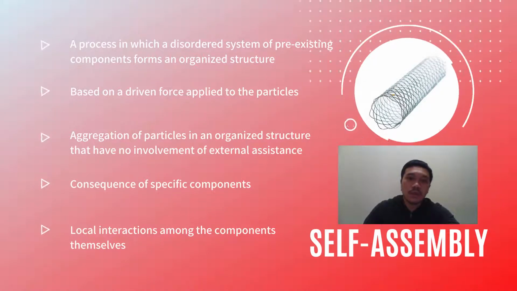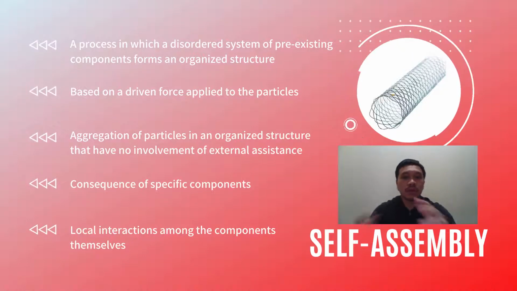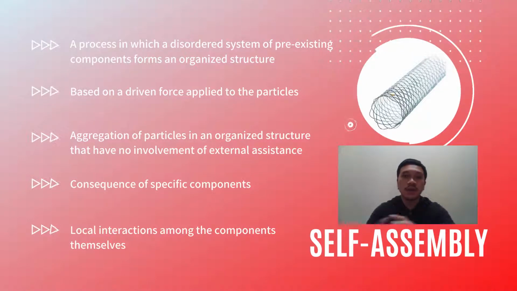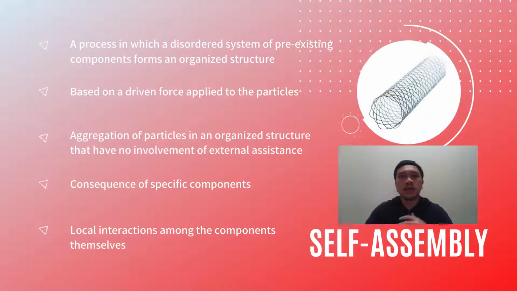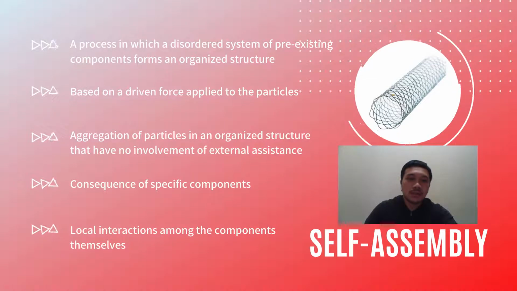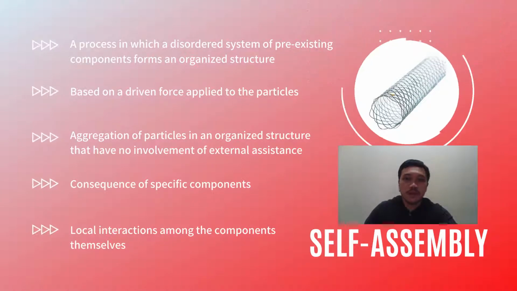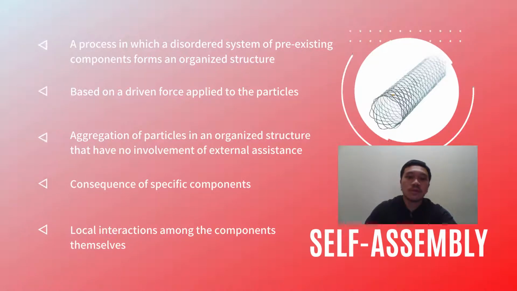In other words, self-assembly is the aggregation of particles into an organized structure with no involvement of external assistance such as human, pressure, and also other cases. This is the consequence of a specific component and the local interactions among the components themselves.